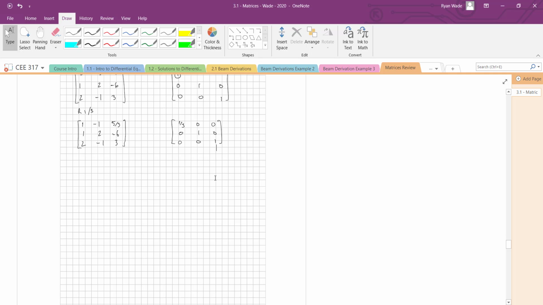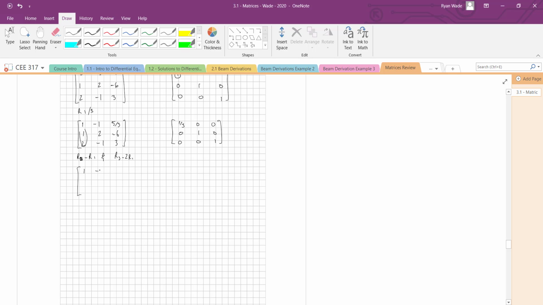So now what I want to do is keep moving down, and start making zeros and ones as much as possible. So I'm going to take R2 minus R1, and I'm also going to take R3 minus 2R1. So now I'm going to zero out this column here.